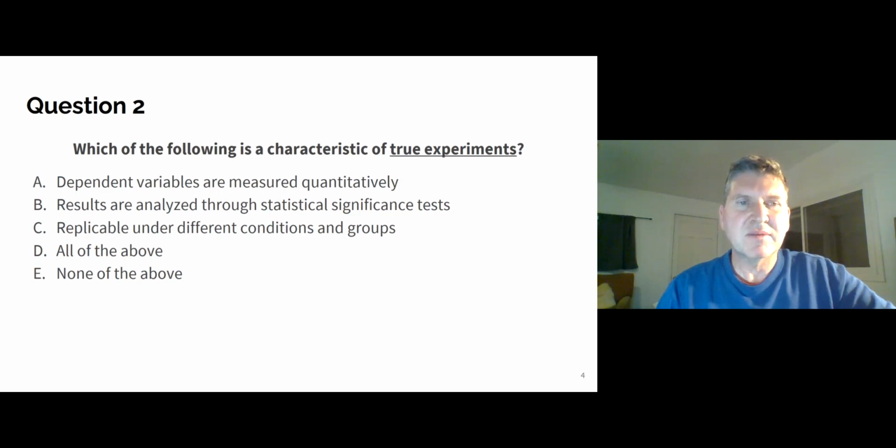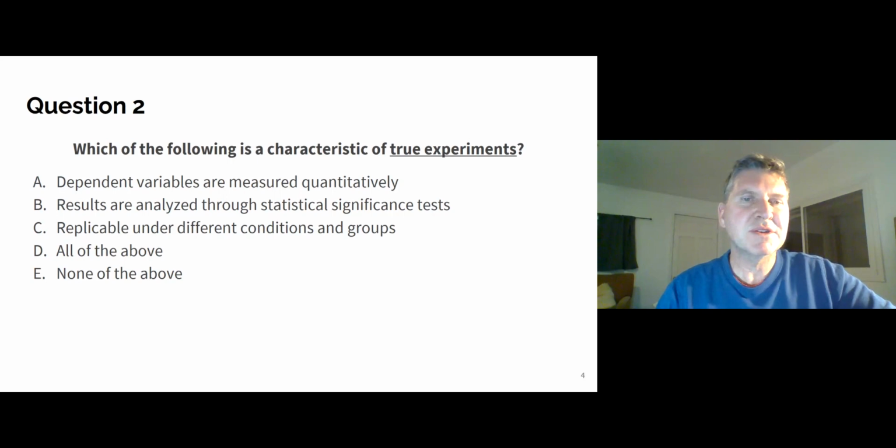Remember, this gets back to our hypothesis test, which states that there's a null and alternative hypothesis. The other one is the replication or the replicable situation under different conditions and groups. Remember, when we make a statement, we are making it about a population, but we're only able to conduct our study with a sample. We want to make sure that that sample that we choose is representative of the overall population.